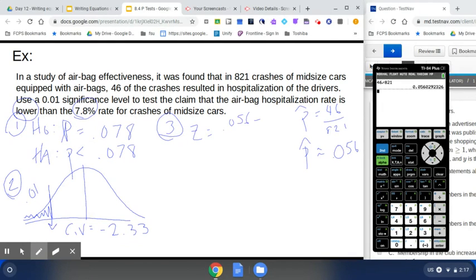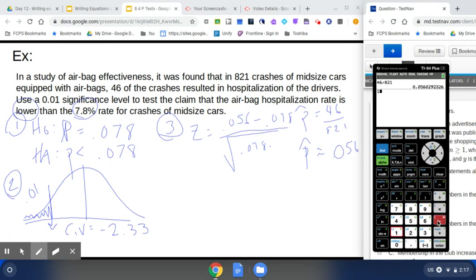Okay, so plugging that in for P hat, 0.056 minus the hypothesized proportion of 0.078 over the square root of P, 0.078, times, let's go ahead and find Q. So if we take 1 minus 0.078, that would be the complement of P. In other words, Q is 0.922.